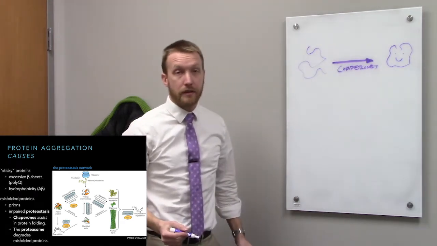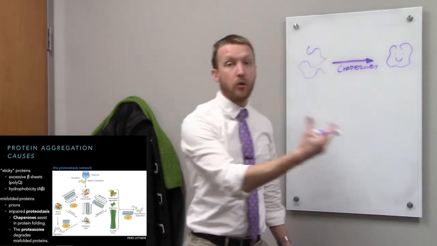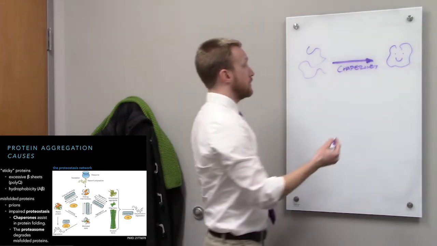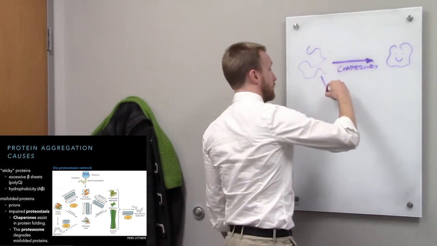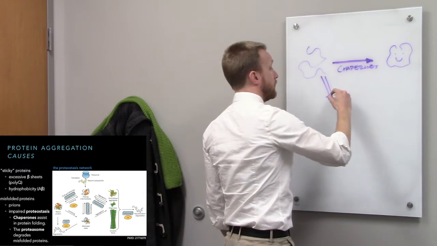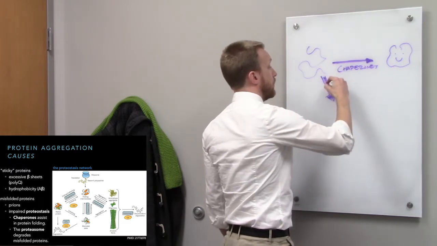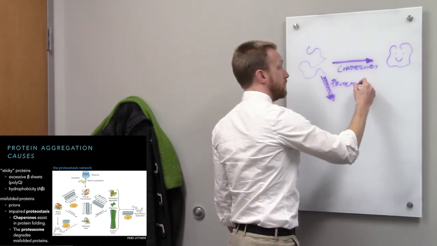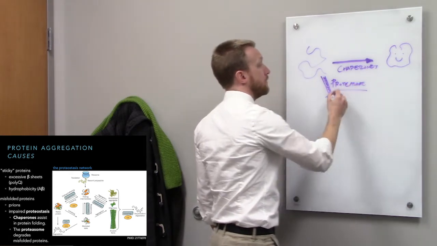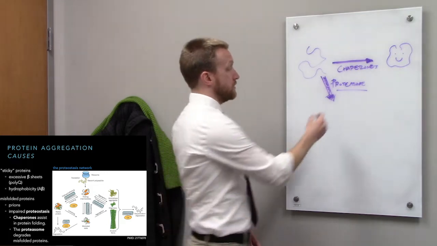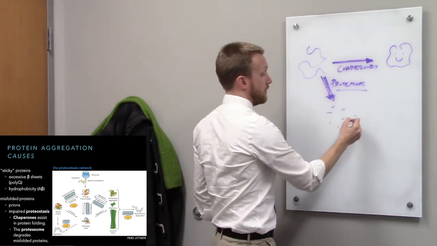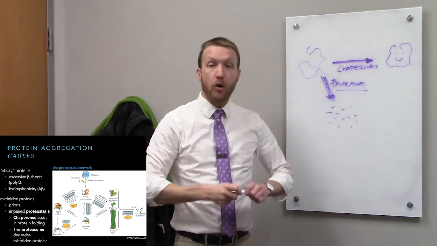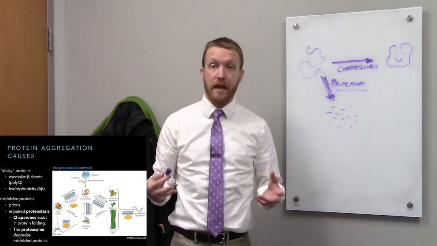Chaperones are going to carry that out. That's when things go well. When things don't go well, then we have the proteasome. What this is going to do is destroy proteins that won't fold up properly, or damaged proteins that have been tagged for destruction.